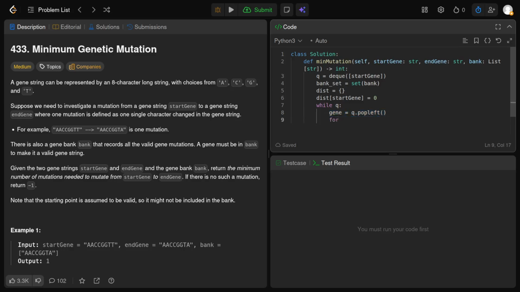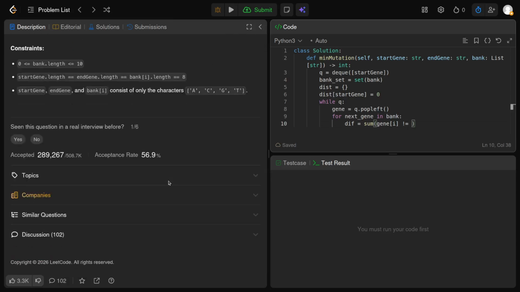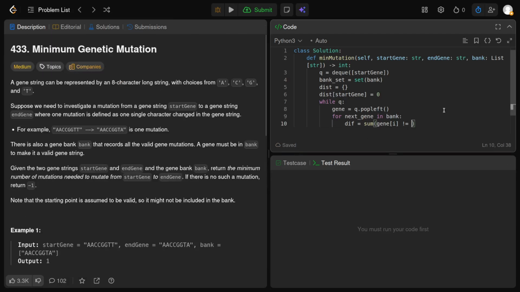So for next gene in the bank, right? And now if the sum of gene i doesn't equal, do they have the same length? Start gene in the bank, okay.